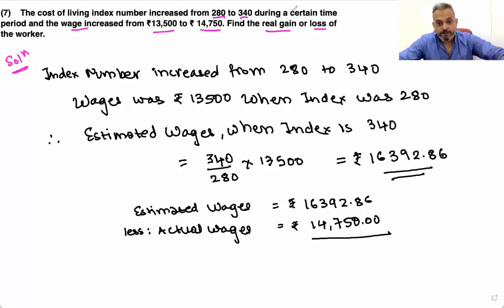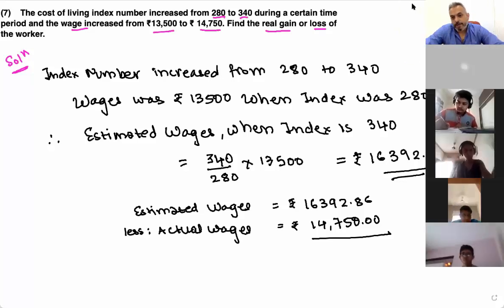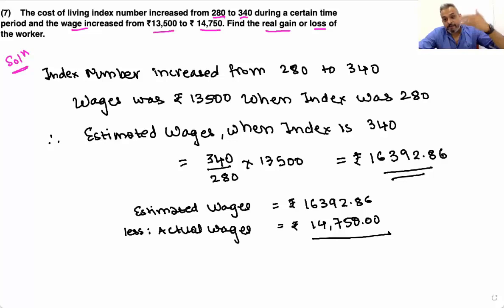Now tell me students, the worker gained or the worker lost? वर्कर को गेन हुआ या वर्कर को लॉस हुआ? Loss. Yeah, because income as per index should have become 16,392.857, so 86 or 85, but actually is getting only 14,750.